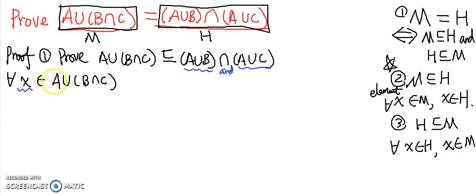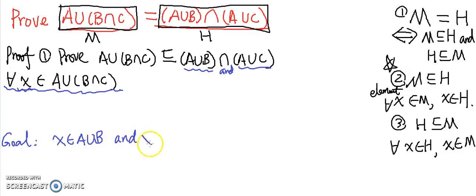So let's see how we start with this. This is what we know. And what do we prove? Our goal right here is to prove that x is in A union B and x is also in A union C, because this will give us the conclusion by the definition of intersection.